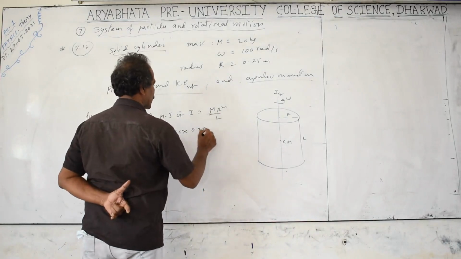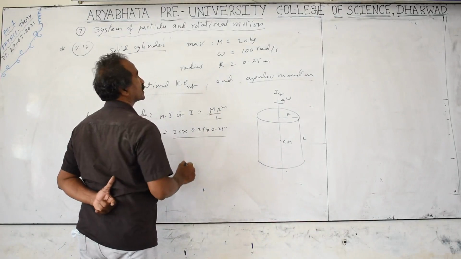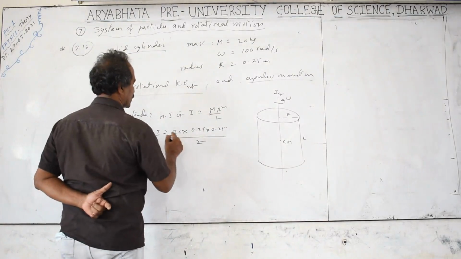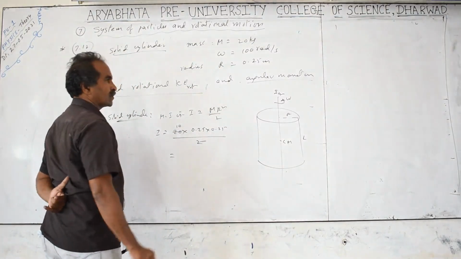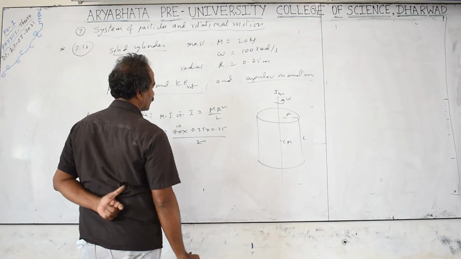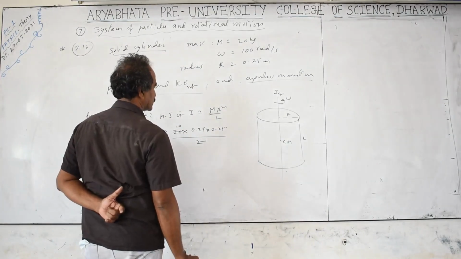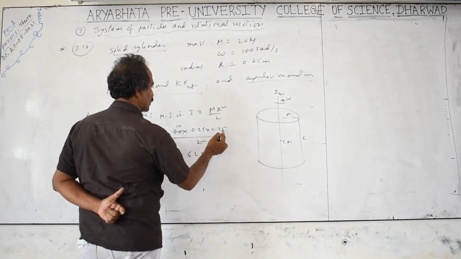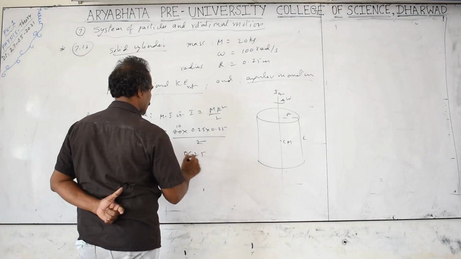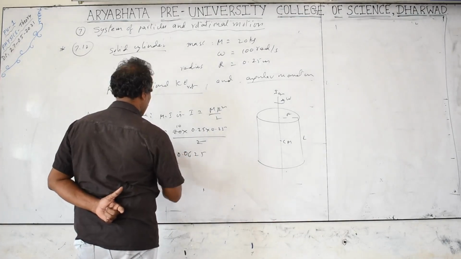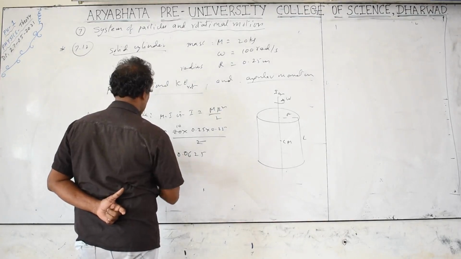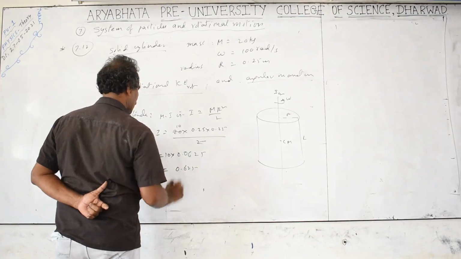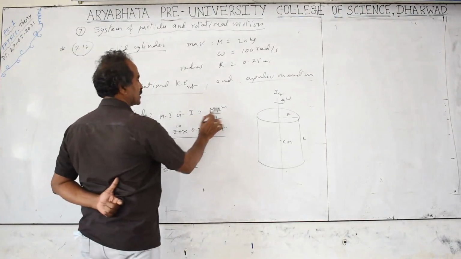I is 20 into 0.25 into 0.25 by 2, which is 10 into 0.0625, which equals 0.625 kg meter square.